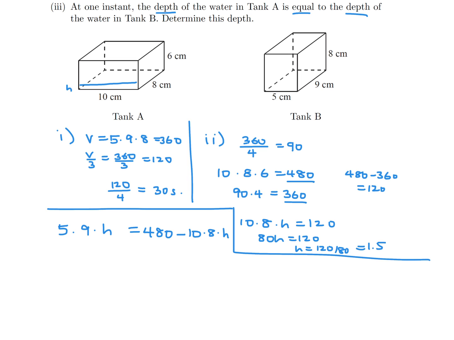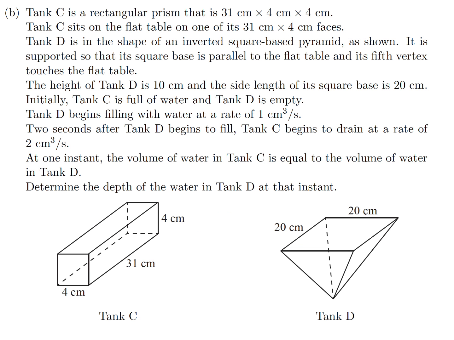Okay, so I think this is the math. 45h would be 480 minus 80h, which would be 125h is 480, and therefore h is 480 over 125, and therefore h is 3.84 centimeters. 3.84 centimeters would be the depth when they are both equal in depth.